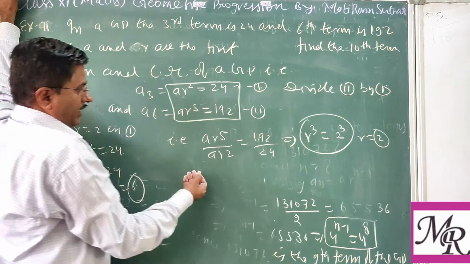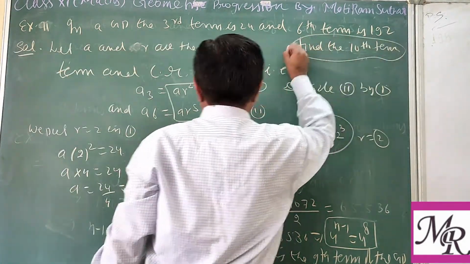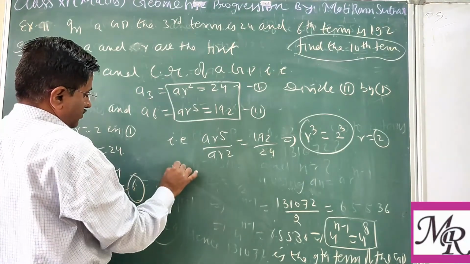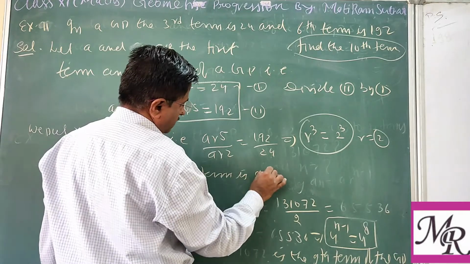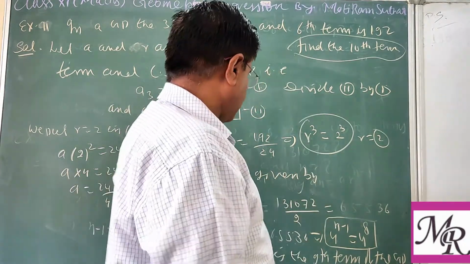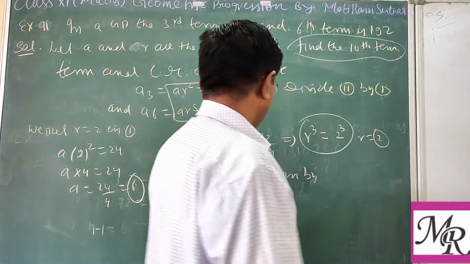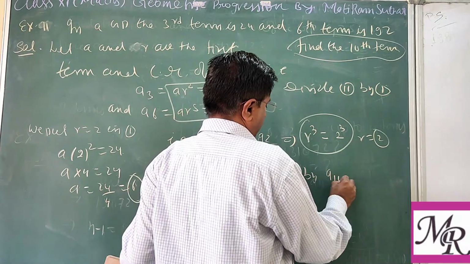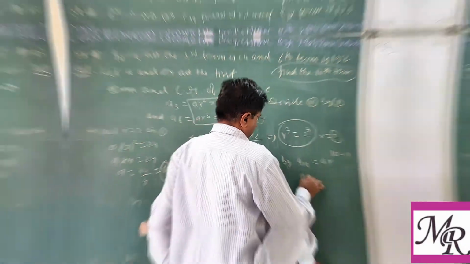So we get A and R. Now what does it say? Find the 10th term. So the 10th term of this GP is given by the formula A10 equal to A R power 10 minus 1.